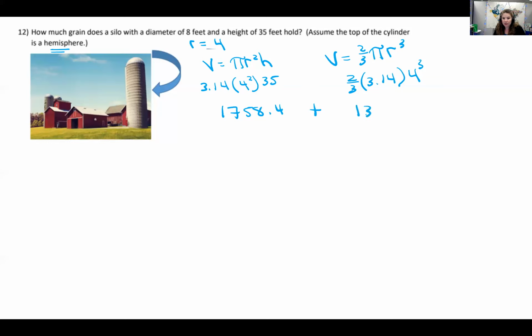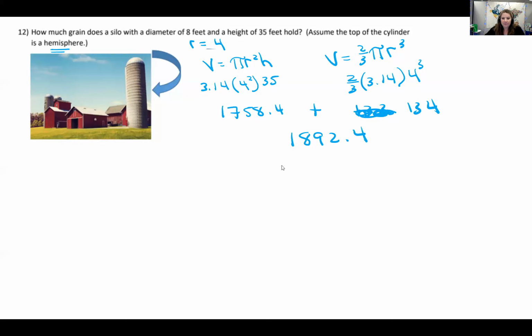That's about 133.10, so that would actually be about 134. 134 plus 1,758.4, I got a total of 1,892.4. I did this earlier, I'm making sure I agree with my answer. Yep, that's what I got earlier.